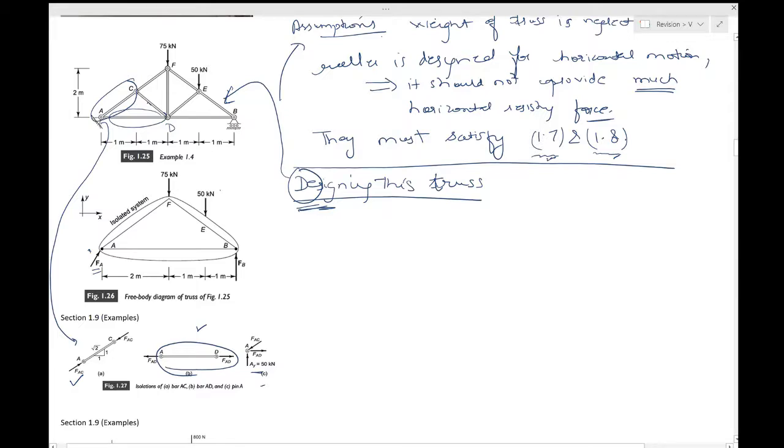Okay, so these are the three forces which you have, and because the pin is in equilibrium, you can do a force balance over here, which is according to equation 1.7 for this one. Okay, and you will do it in both the directions, and you should be able to find the value of FAC. FAC is essentially the force in this member. Similarly you can find the force FAD and so on in this case.